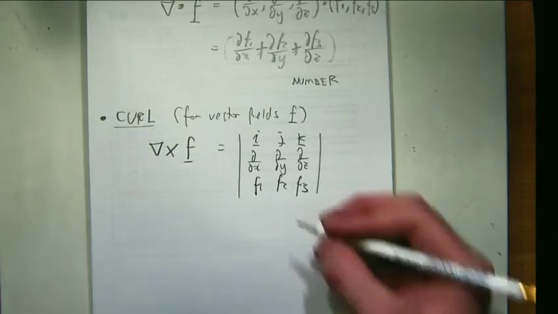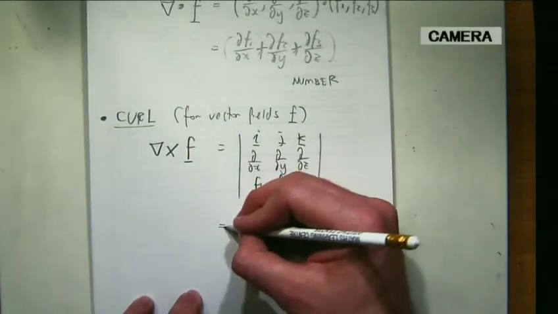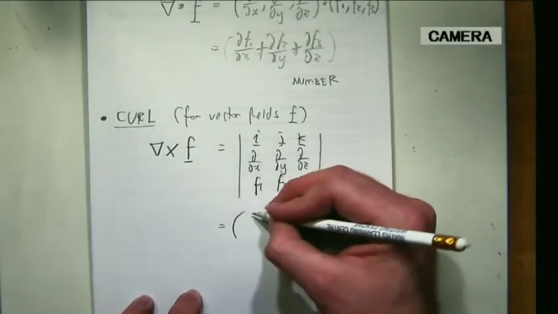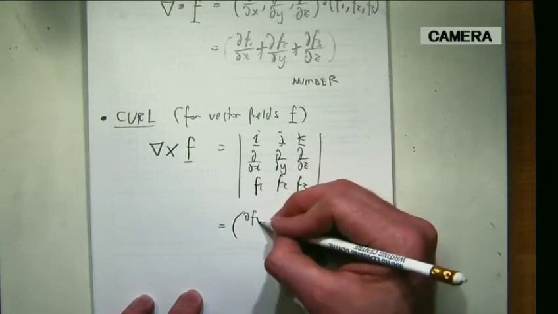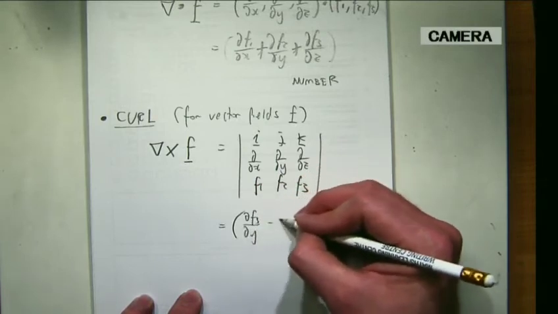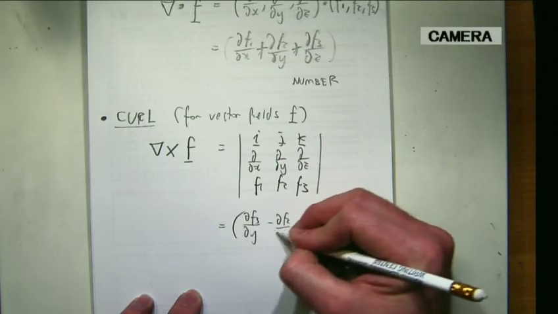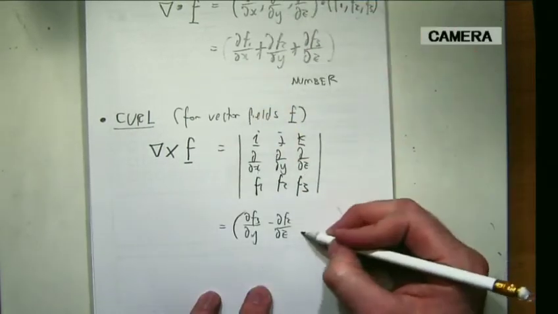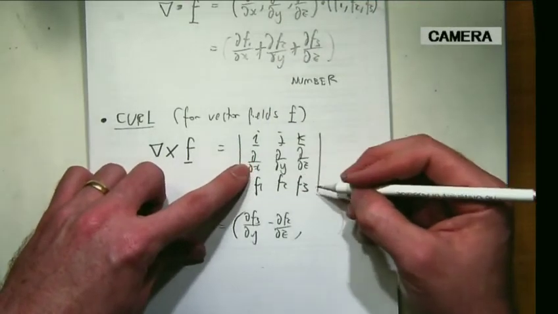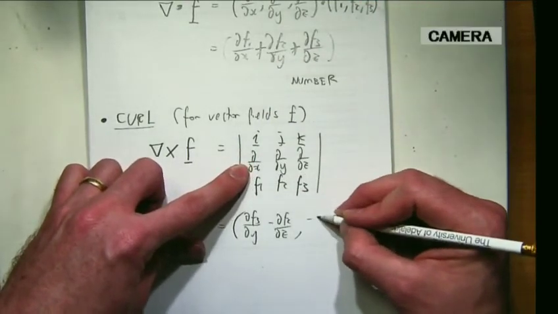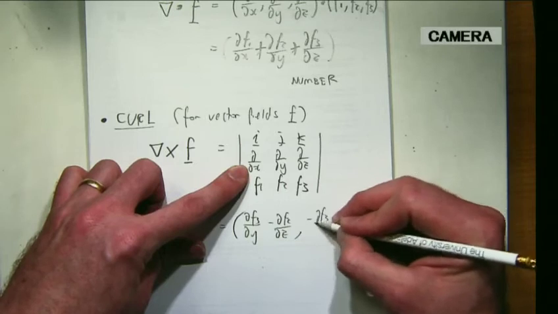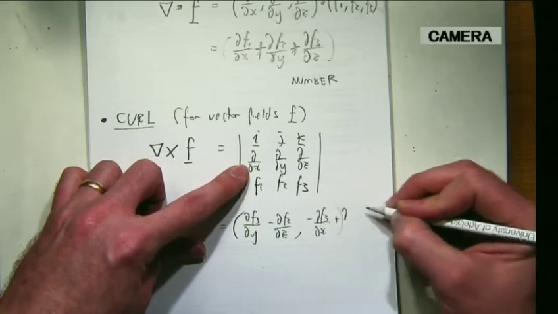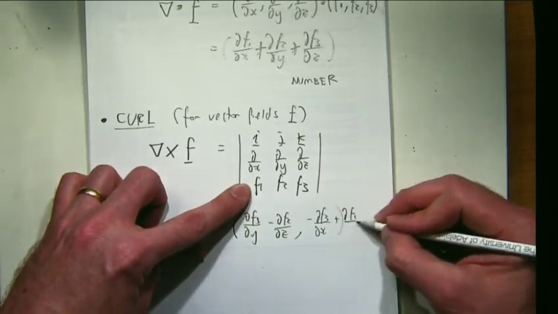All right, and then this is a vector again, because it will have in its coordinates df3 on dy minus df2 on dz. And then the next one will be minus df3 on dx plus df1 on dz.